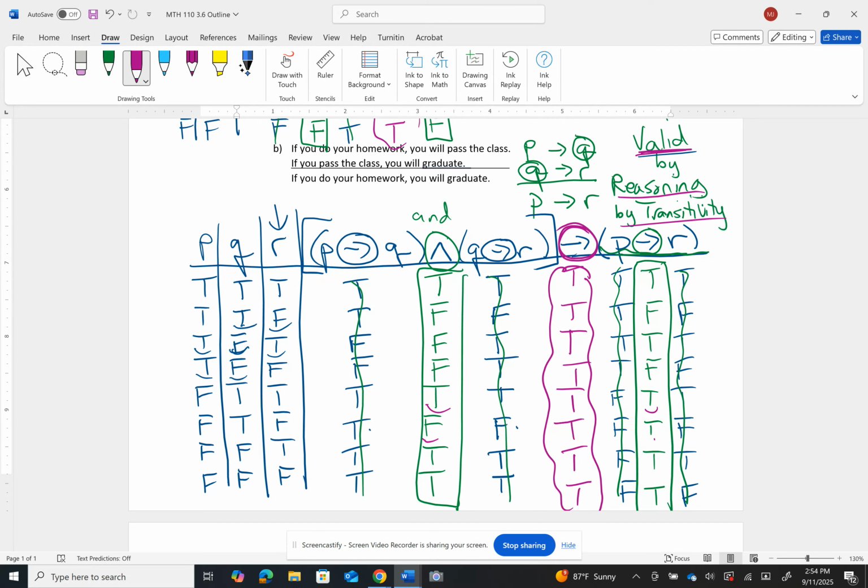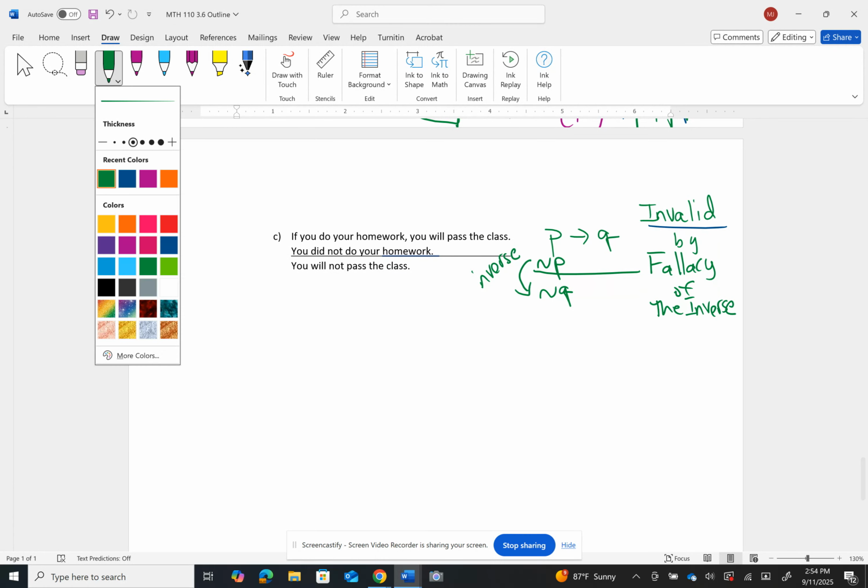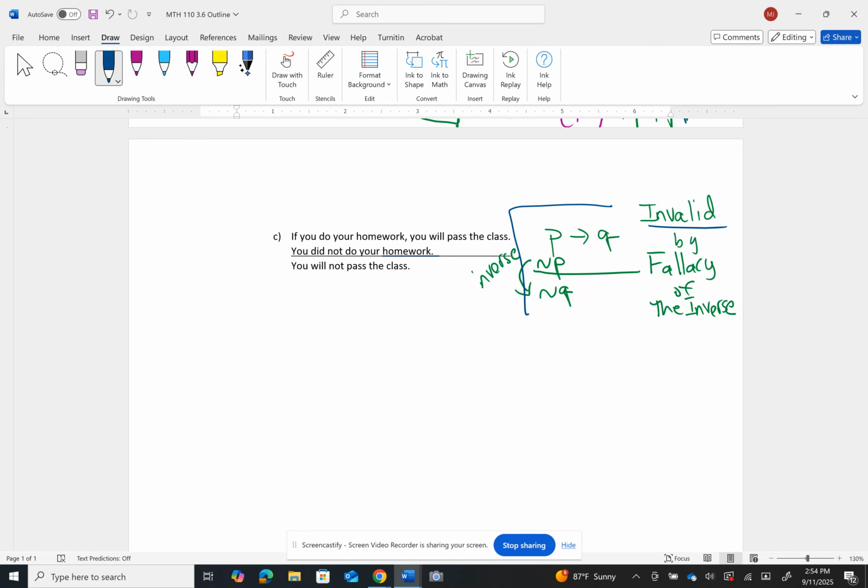Okay? All right, so one more. We already determined it was invalid because it fit an argument form that we knew was invalid. Well, you might have been given the choice and you might have preferred to use a truth table. So here's the structure, and it only has P's and Q's, so this one's going to be a lot quicker.